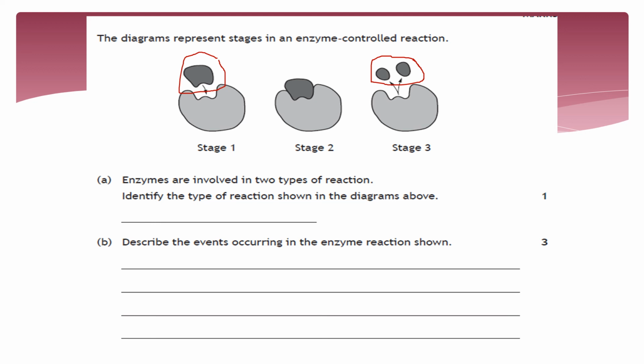Then you want to say that your active site and your substrate are complementary to each other, and that your enzyme substrate complex is then formed in stage 2. For stage 3, you want to say that your substrate has now been broken down into smaller components or smaller substances and has been released. That would be your 3 marks.